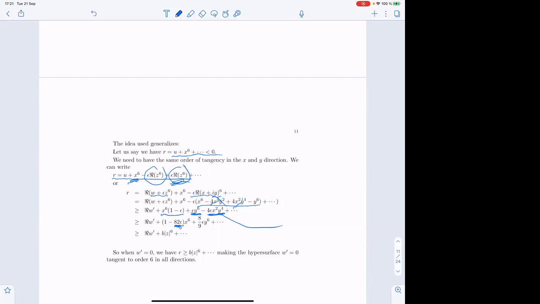And then you get a little bit worse for the epsilon to the 6, but still it kills all the other terms. So therefore you get that r is larger than the real part of w prime plus a small constant times z to the 6, but some constant for which you have control. And so for the tangent plane at 0, r becomes larger than b times z to the 6 in all directions. So the hypersurface w prime equals 0 is good in that sense. Okay.